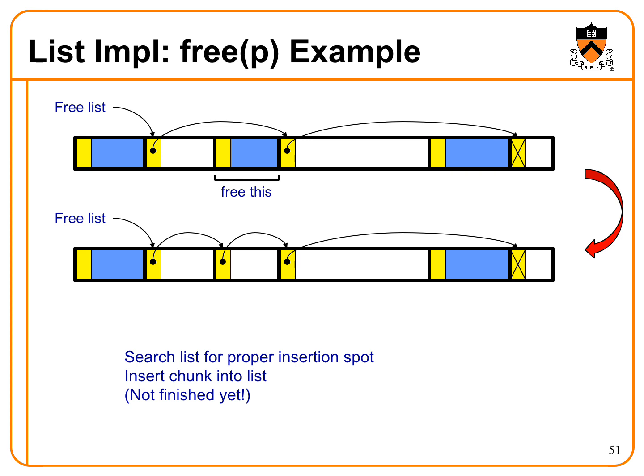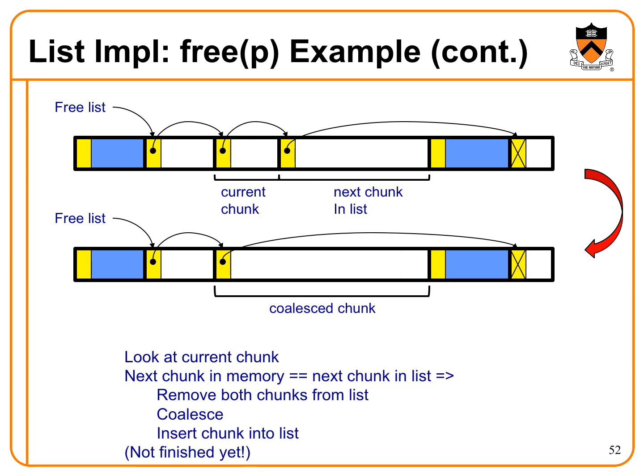When we free, we insert the freed chunk into the free list. In order to maintain the invariant that the free list is in memory order, we have to search for the correct place to insert it. Once we've found the right place to insert the newly freed chunk into the free list, we might find there's a free chunk immediately before it in memory, immediately after it in memory, or both.